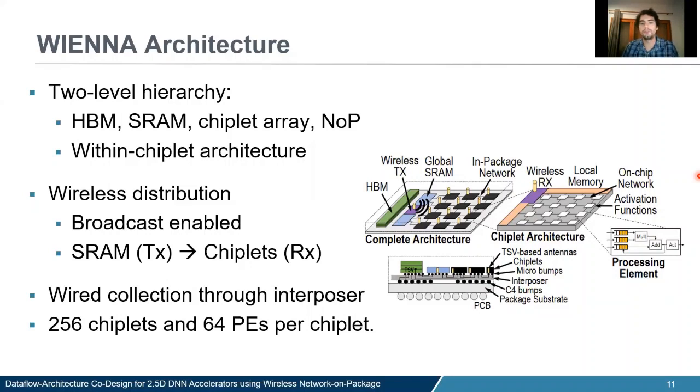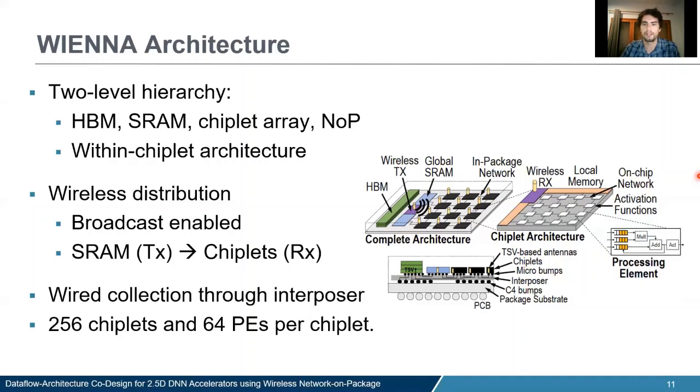And this will only be from the global memory, from the SRAM, to the chiplets. The communication from chiplet to memory, so the gathering, will be via the wired interposer. This is because broadcast is very well leveraged by wireless, but since the chiplet to SRAM communication is usually many-to-one, we will keep using the wired connections.